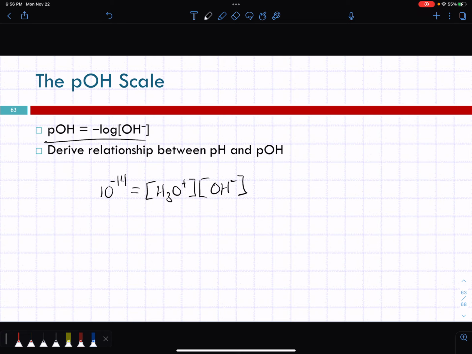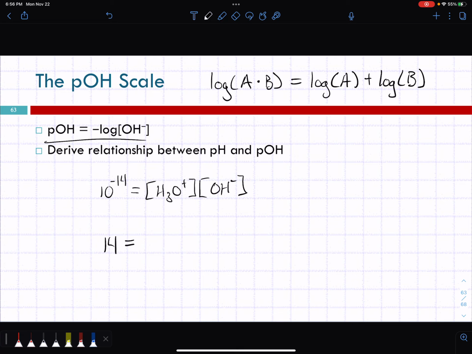So we can take the negative log of all of these, because these concentrations are going to be small. If we do the negative log of 10 to the minus 14, we just get 14. One of the rules of logarithms is that the log of A times B is the same as the log of A plus the log of B. It's just a math identity.